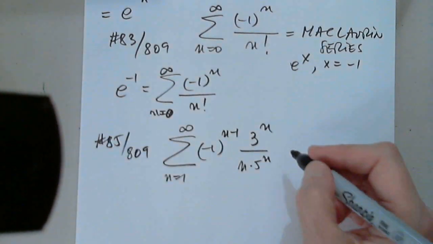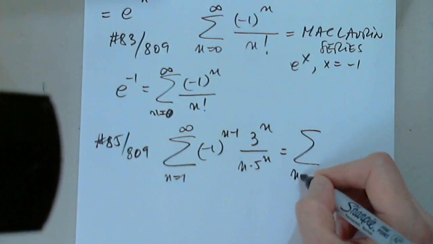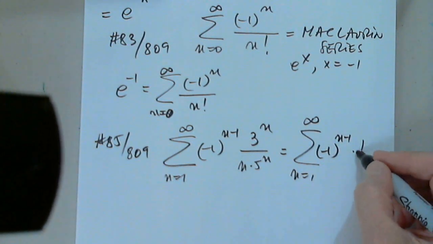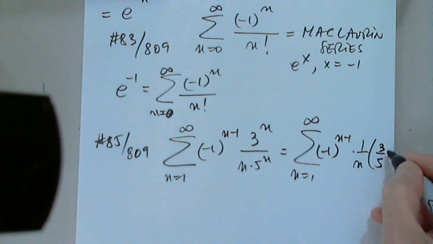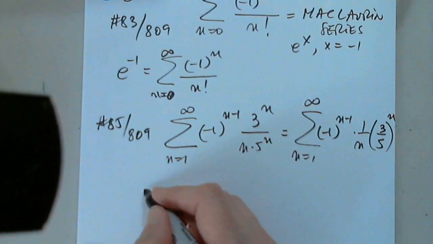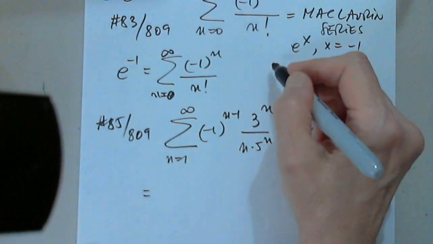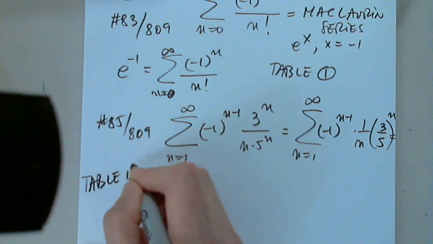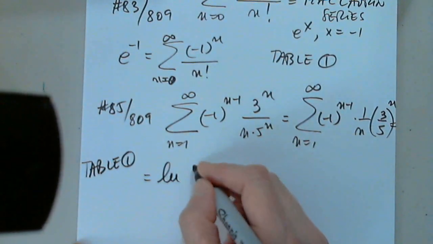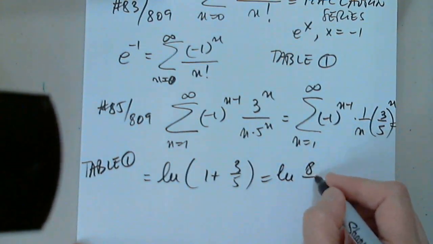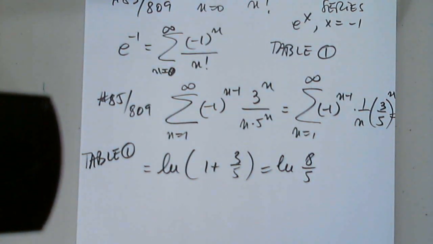Okay, so obviously, first of all, I'm going to rearrange this as 1 over n and 3 over 5 to the nth power. And if you look carefully, you will see, again in table 1, that this is nothing else but the natural log of 1 plus 3/5, which is natural log of 8/5. So we found the sum.